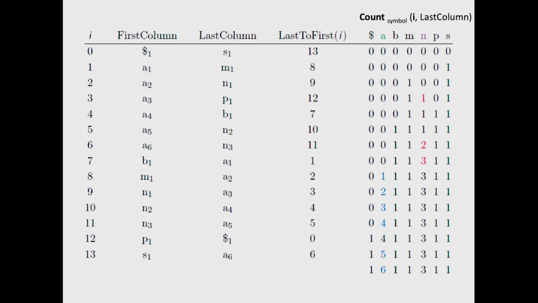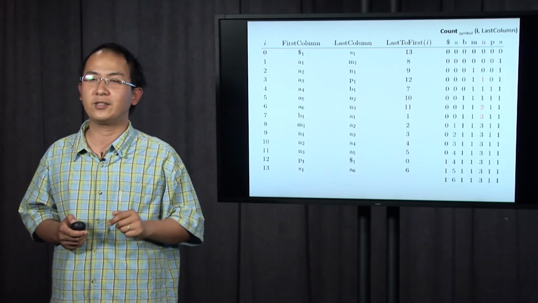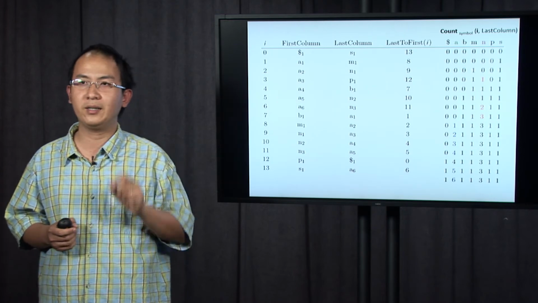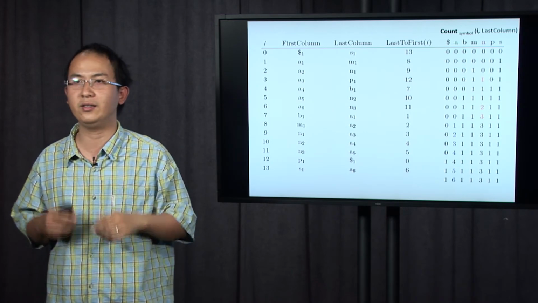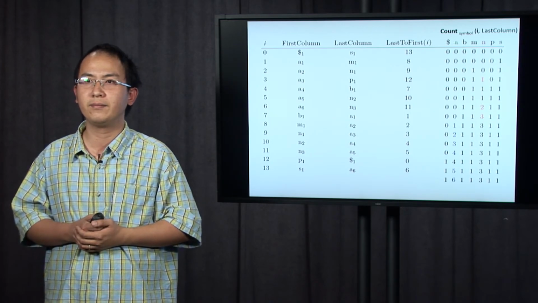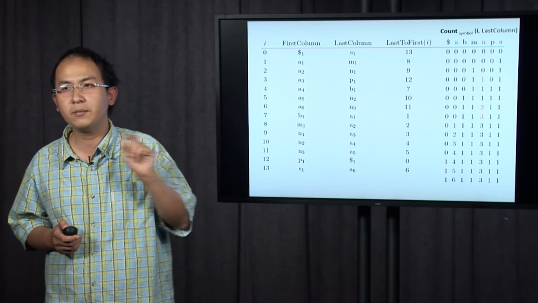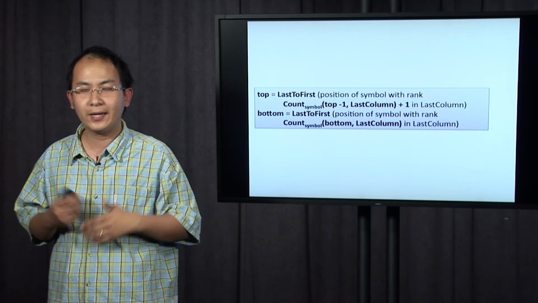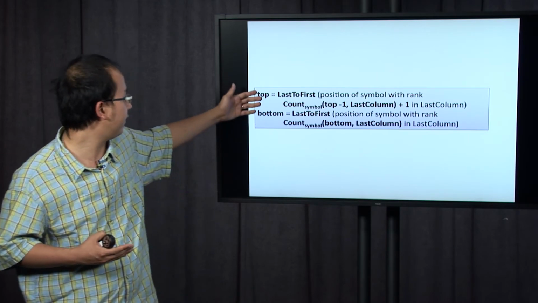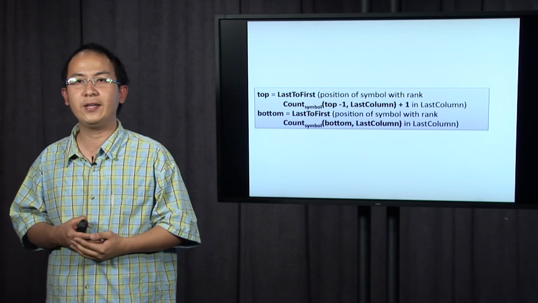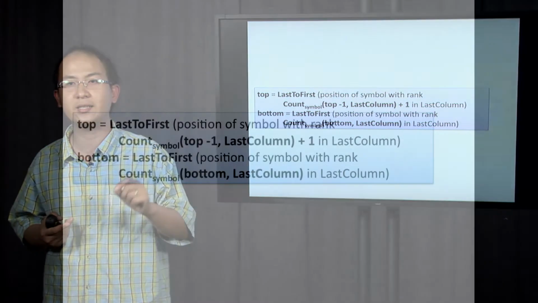For each index I and for each symbol in the alphabet, we calculate a number, that is the count of the symbol in the last column. Using this information, we can update the indexes.